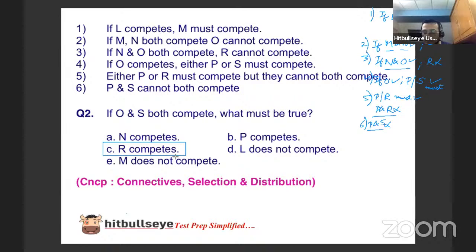Okay, lot of you are giving C as the option. Let's see if it is right or wrong. Last 10 seconds we'll discuss.